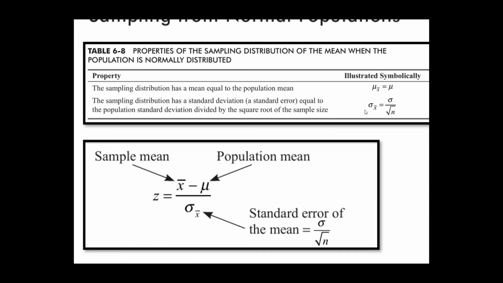So this sigma x bar and mu x bar are now used to calculate the z value. So z, the standardized value, is x bar minus mu upon sigma x bar, right? So sigma upon root n is to be calculated first, and then you calculate z.